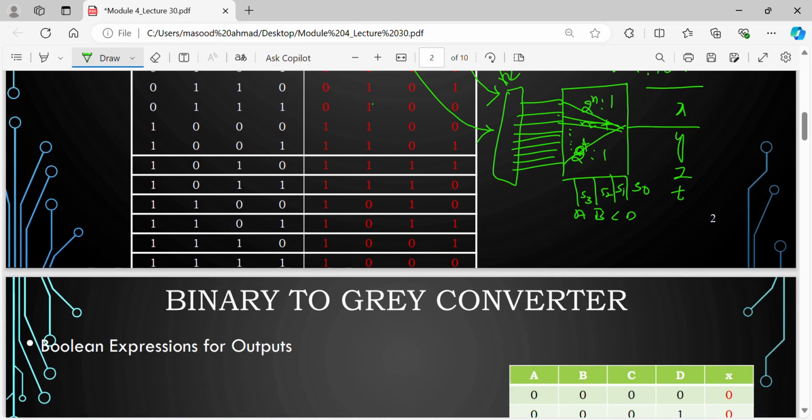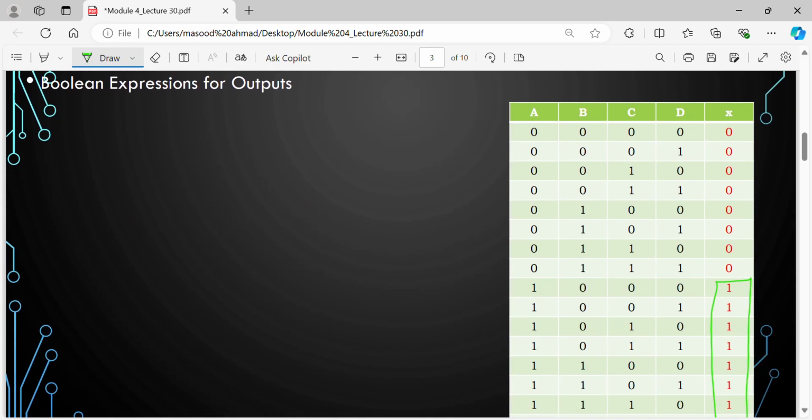Now before that, I will show you for which min terms. Say, for example, if I look for X, so X is f of A, B, C, D, which is sigma m.